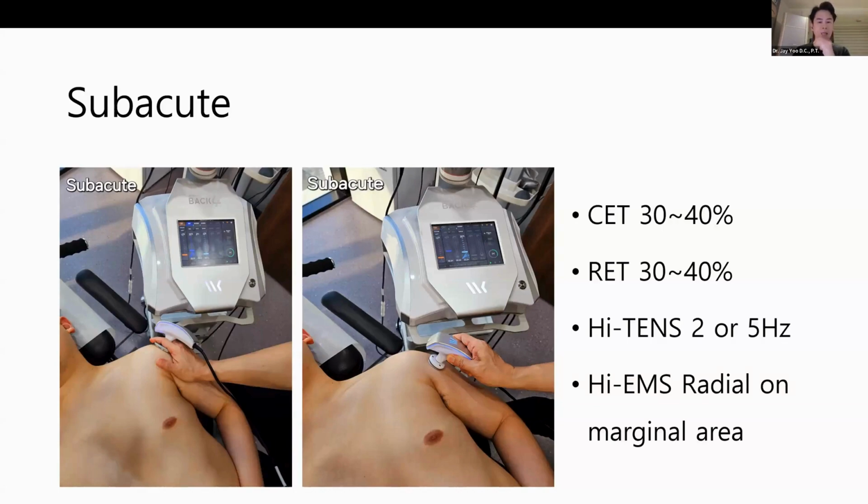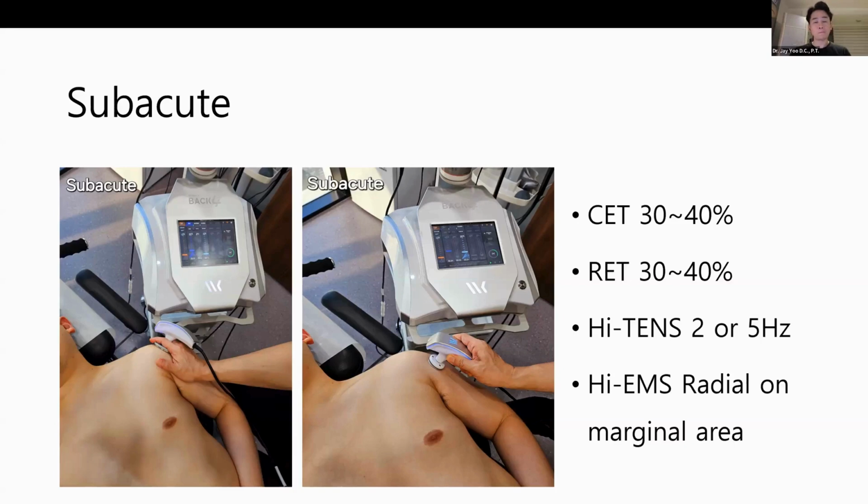I apply the radial high EMS on the marginal area to release tension and pump up the circulation of lymph and blood vessels around the injured site. So I use radial EMS, but only on the marginal area, not on the injured site at this stage.